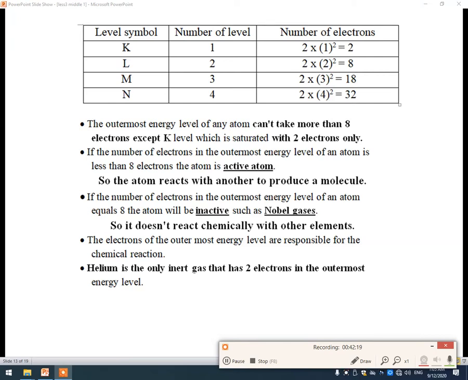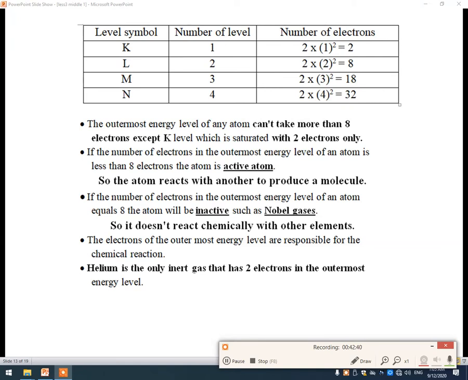Number 2, if the number of electrons in the outermost energy level of the atom is less than 8, this atom is active. I need to say something to you, that all the atoms need to be active.